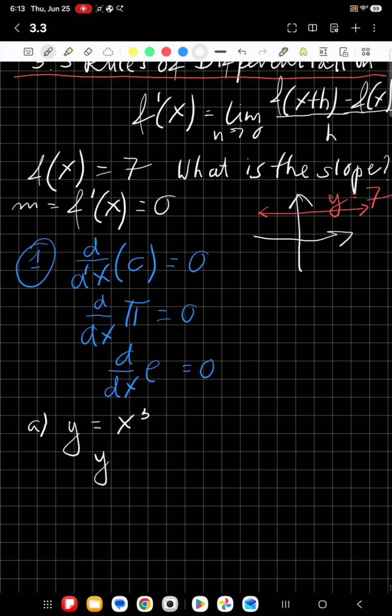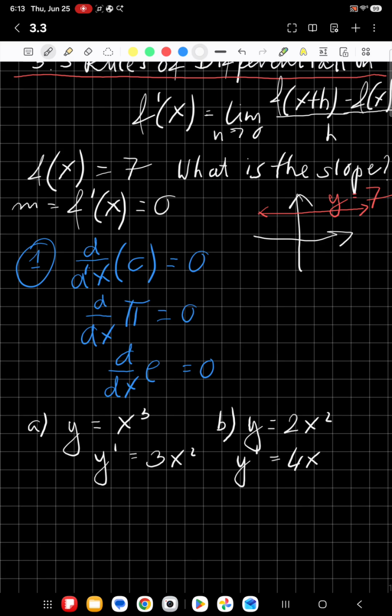We're trying to figure out what y prime is, and that y prime will be 3x squared. Then problem B, y is 2x squared. You can pause the video if you want. What could be the derivative of 2x squared? Well, it's 4x.